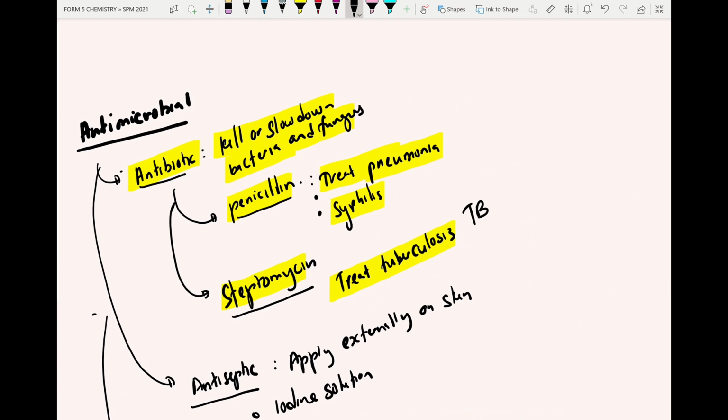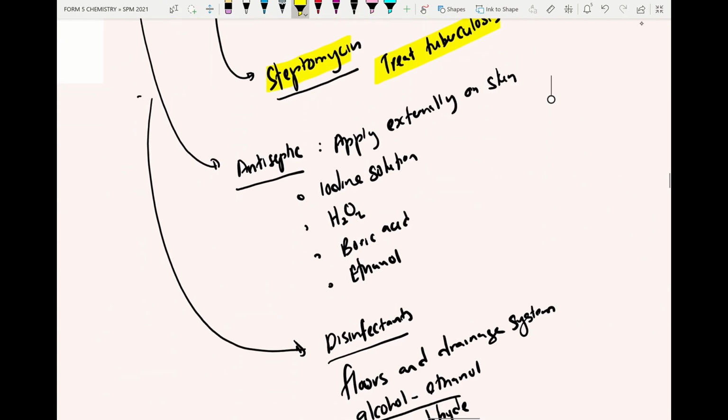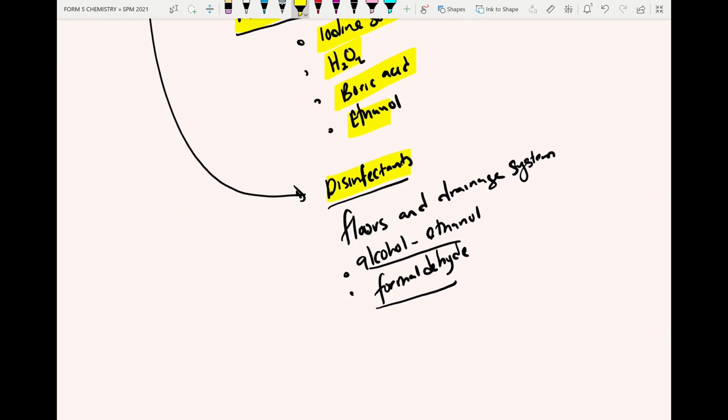Next one will be antiseptic. This antiseptic is applied externally on skin. Examples: iodine solution, hydrogen peroxide, boric acid, ethanol solution. Disinfectant destroys pathogen found on non-living objects, such as on floors and also drainage system. Please remember alcohol, ethanol, and formaldehyde.